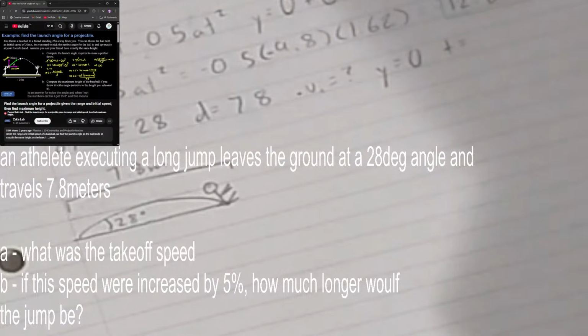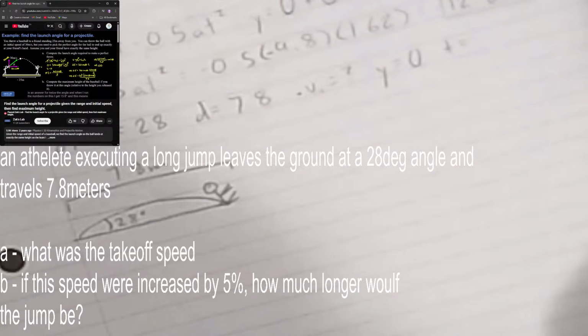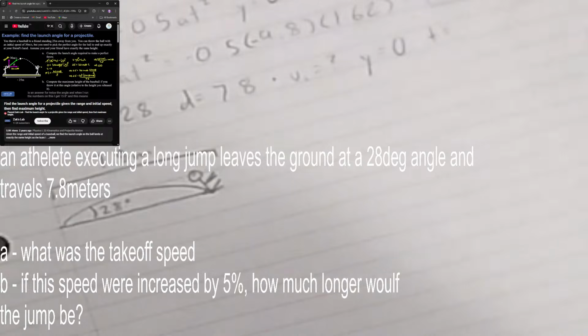Okay, I don't know what that's supposed to mean. V initial x equals 7.8 over t. Okay.